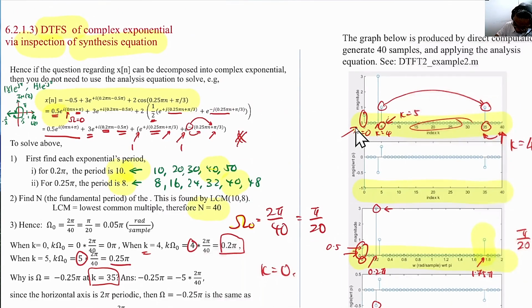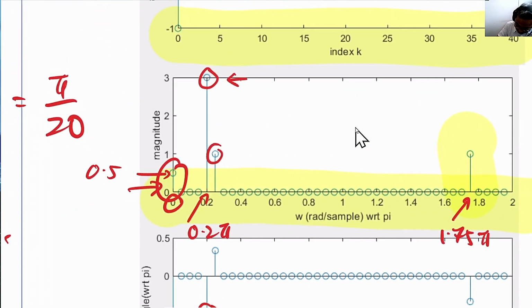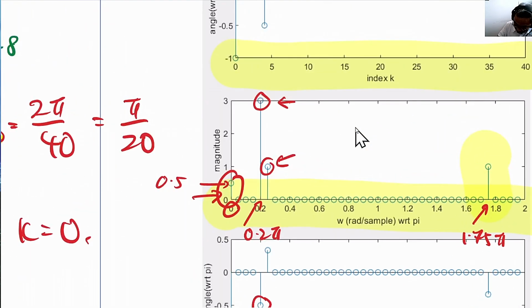So let's see. At this frequency, which is 0.25 pi, the amplitude is 1. At this frequency, 1.75 pi, which is equivalent to minus 0.25 pi, the magnitude is also 1.